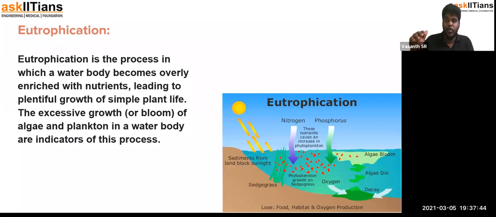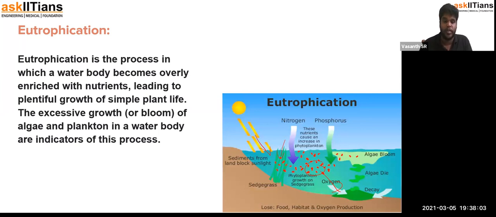So the algal bloom will not allow materials to actually enter in. As a result, the materials will undergo decay, and then they will form a foul smell, and the water will be made unsuitable for consumption.